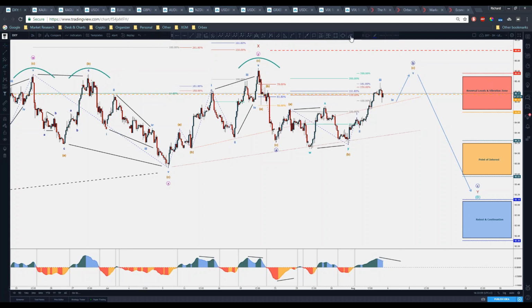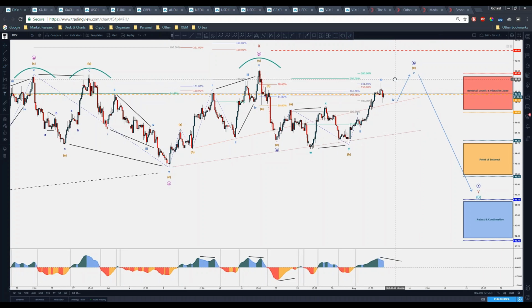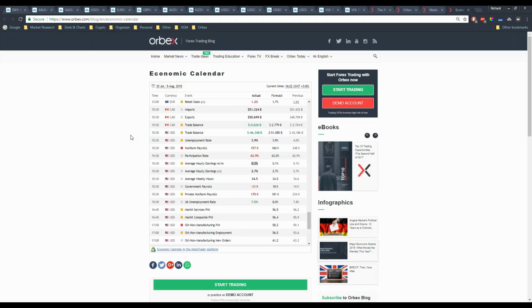So let's return to the dollar index. Nothing much is happening, as you can see. This is not even a move. The market is not even digesting the NFP data right now, because the data is indeed mixed. Again, we have a disappointment, slightly lower than the forecast, on the actual jobs added in the government sector in the United States.